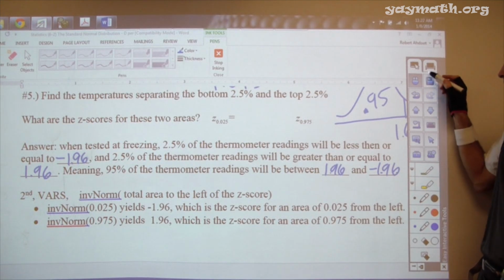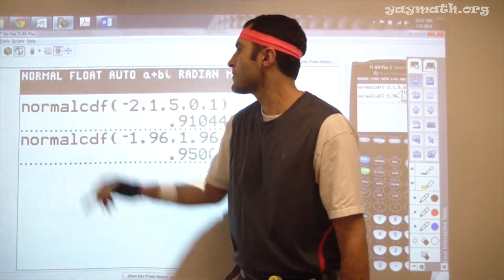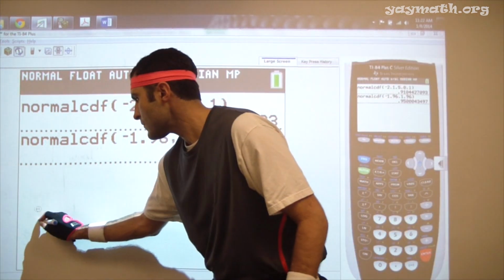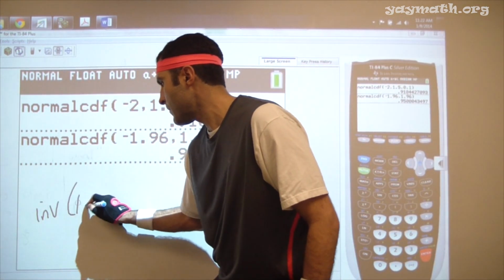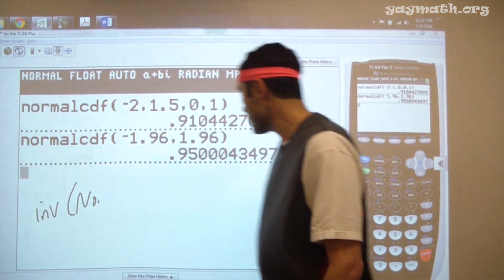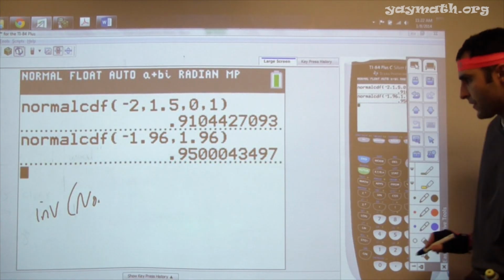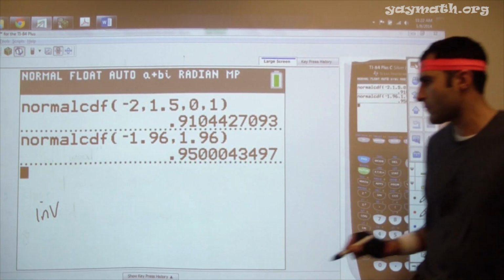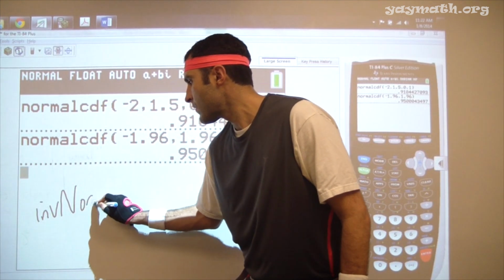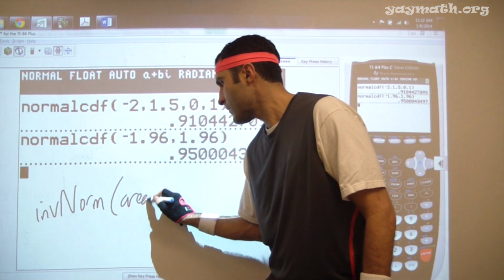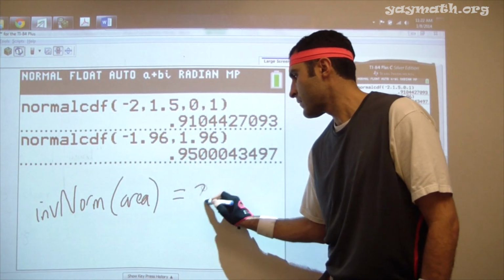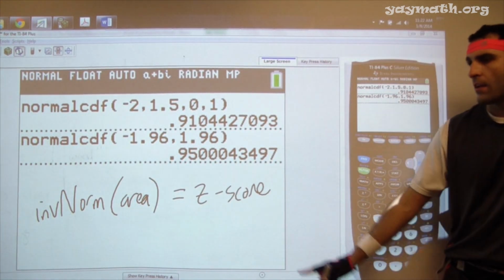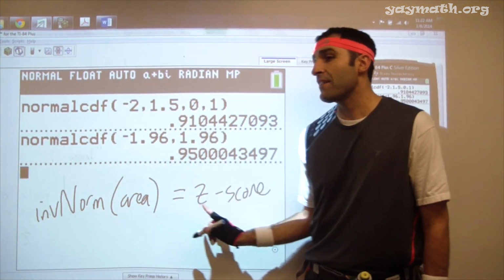I'll show you one more time in the calculator. Inverse norm. Sorry. Just want to get it perfect, you know. There you go. Inverse norm, area to the left, gives you a z-score.